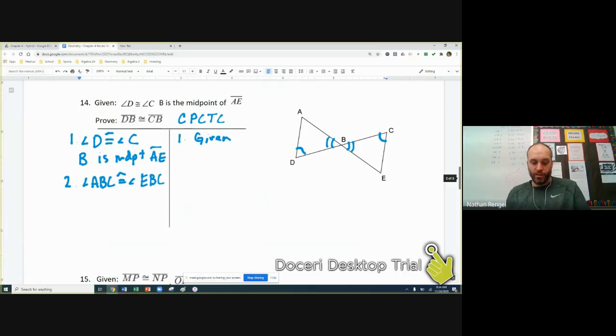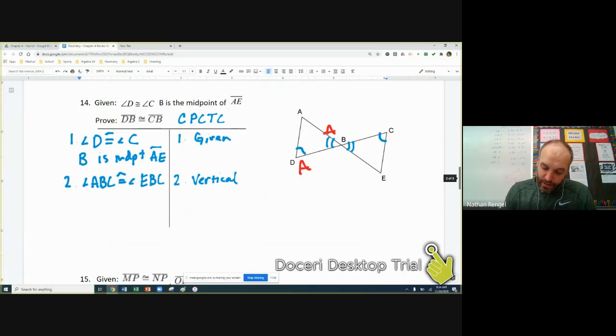There's going to be my two congruent angles, and my reasoning is going to be vertical. So since those are vertical, then those are going to be congruent. So far, if you're kind of keeping track, we've got an angle, and we've got another angle between the two, but we still need one more piece.